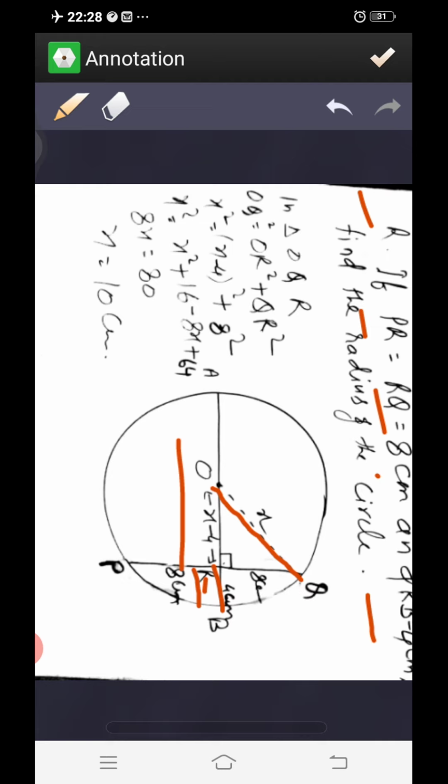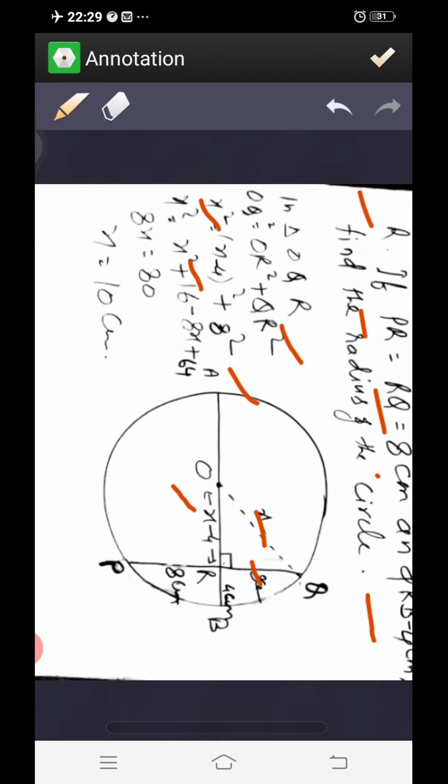Now we will apply Pythagoras in triangle OQR. In triangle OQR, OQ square equals OR square plus QR square. So X square equals (X minus 4) square plus 8 square.